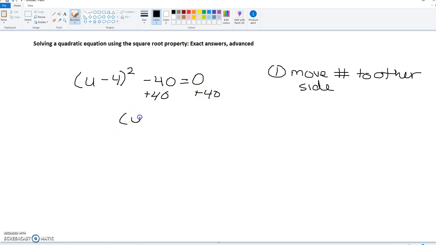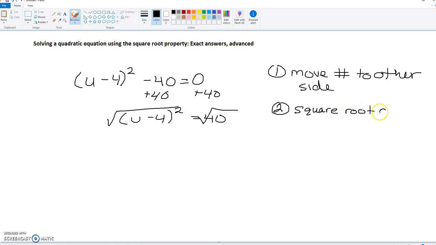So now we've got u minus 4 squared equals 40. Just like the previous topic, now we've got something squared equals a number. So in order to find the answer, we have to take the square root of both sides. My handwriting's a little messy there, but we'll go with it.